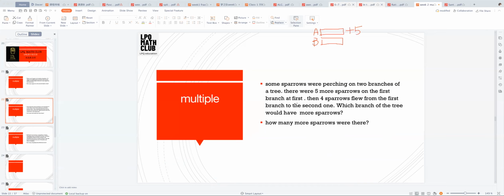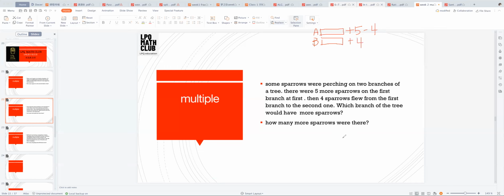Is it true? Because they said there are 5 more sparrows on the first branch at first, compared with the second one. So we can just put them as A and B. Then 4 sparrows flew from the first to the second, so minus 4 and plus 4.